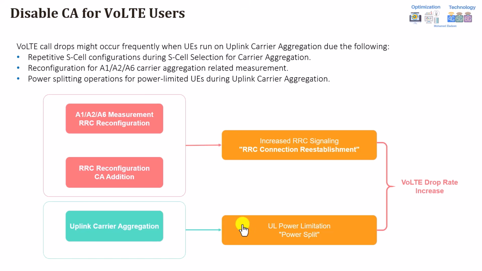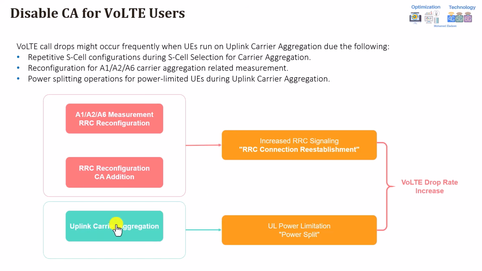For example, if you have a 23 dBm maximum power, the power needs to be split between the two carriers, so the power will reduce by 3 dB, to around 20 dBm. And with 3 carriers it will go even to 17 dBm. So uplink carrier aggregation in general will limit the uplink transmitted coverage for the users, and this can be reflected in the coverage. That's why it is usually recommended to disable carrier aggregation for VoLTE calls.